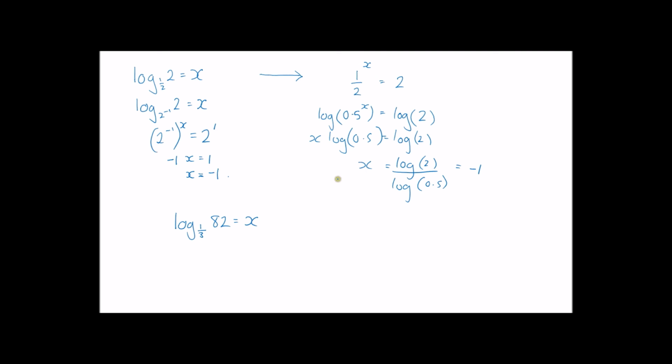Now, using a calculator will always get you the right answer, but it will also give you the answer in these situations where it's going to be a decimal as our value of x. So again, same deal. I'm just going to rewrite this as a third to the power of x equals 82. I'm going to take the log of both sides.